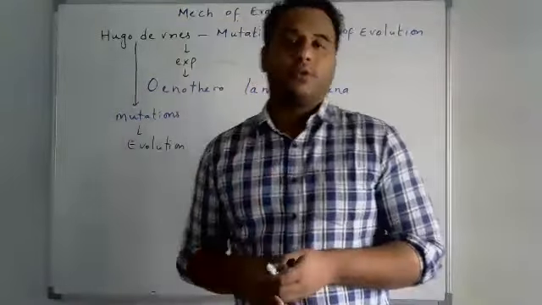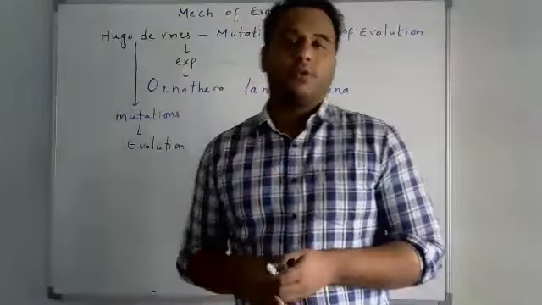From the mean value, the population is distributed towards both the extremities in an equal way. So this selection is called stabilizing selection. From the mean value, the population distribution is the same towards both extreme environments, E1 and E2. This is called stabilizing selection.